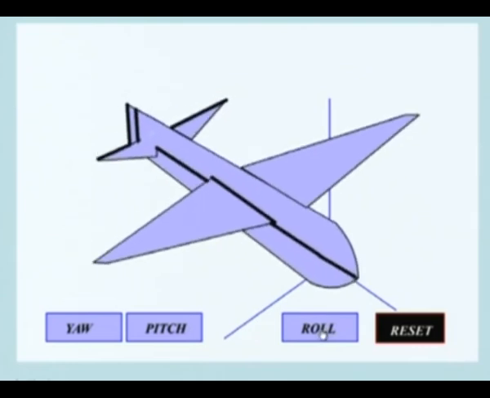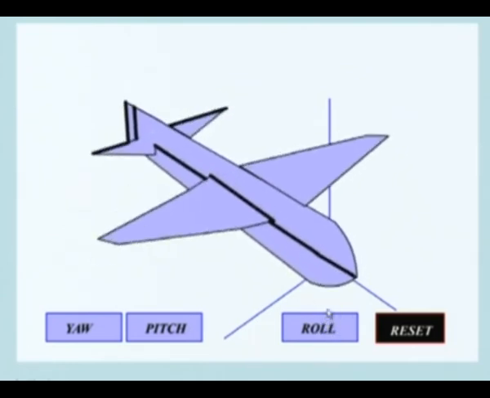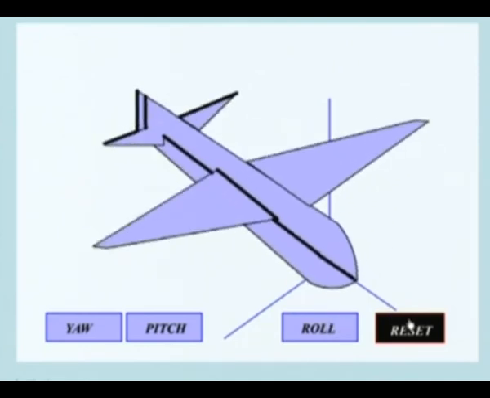And roll is about the longitudinal axis. This is roll motion. So these types of conventions can be used.